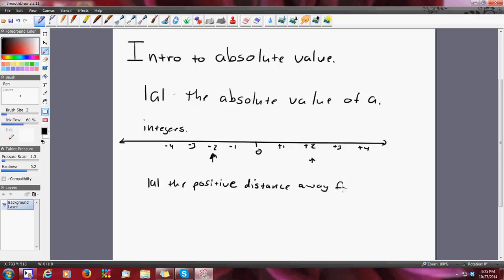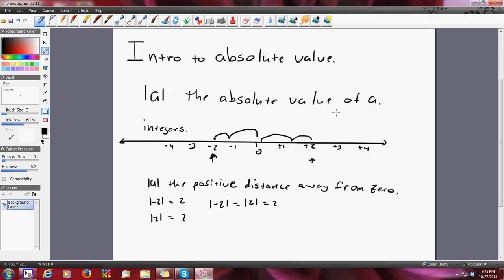And so what this means is the absolute value of -2 equals 2 because -2 is 2 units away from 0. And the absolute value of +2 is 2 units away from 0. And so, with that said, the absolute value of -2 is equal to the absolute value of +2, which equals 2.